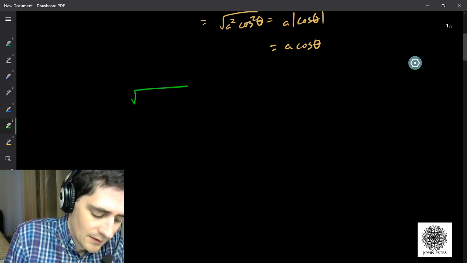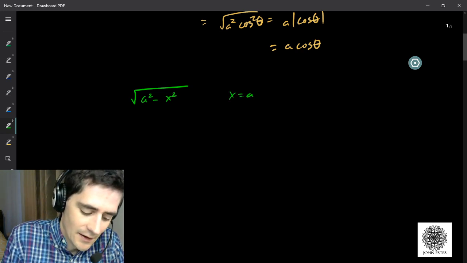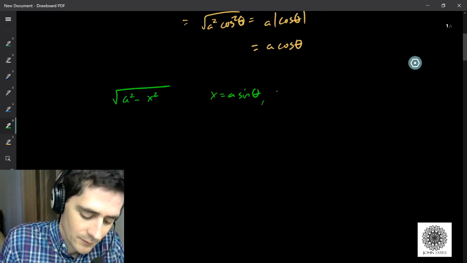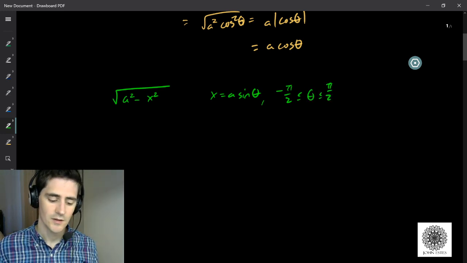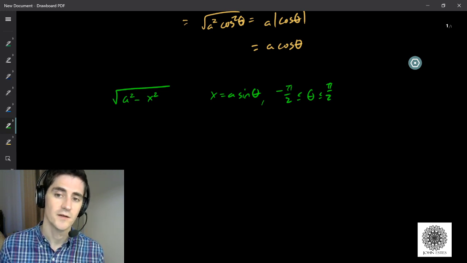Okay, so if I have a squared minus x squared, what I want to do is let x be a sine theta. And then there's kind of a funny restriction, because we don't actually ever deal with theta unless maybe we're dealing with a definite integral. But I restrict my angle to be from negative pi over 2 to positive pi over 2.